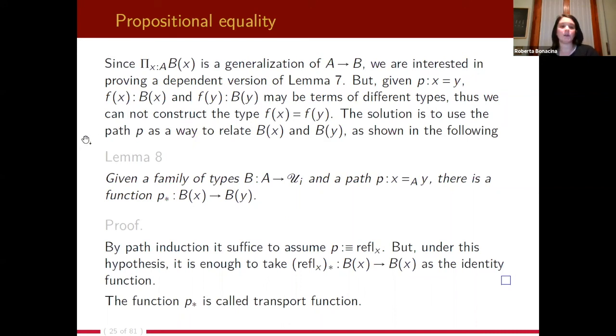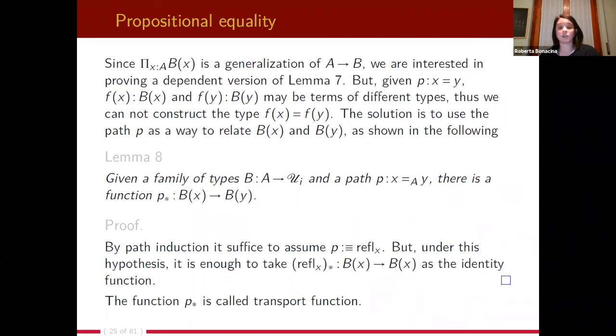And indeed, given a family of types B from A to the universe, which simply is a dependent type, and given a path P from x to y, a function P star from B of x to B of y can be obtained.